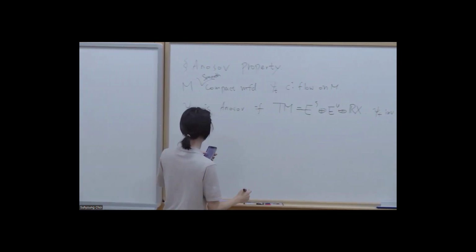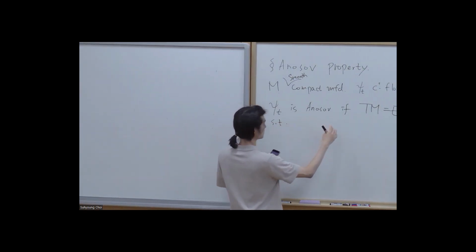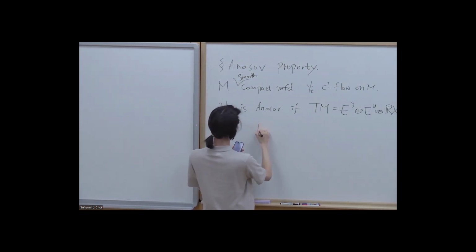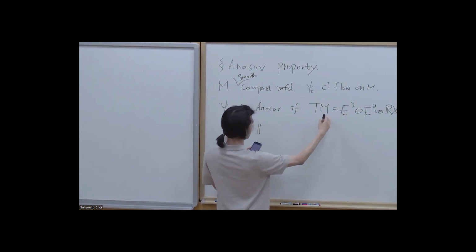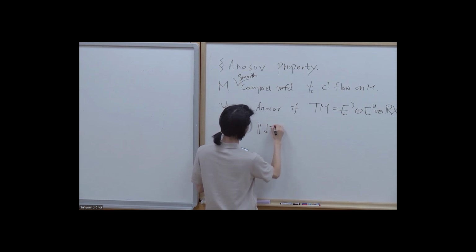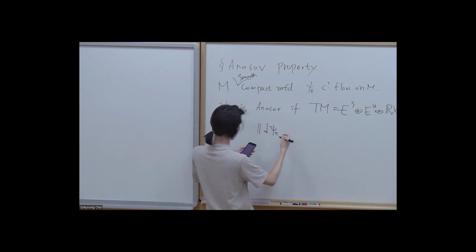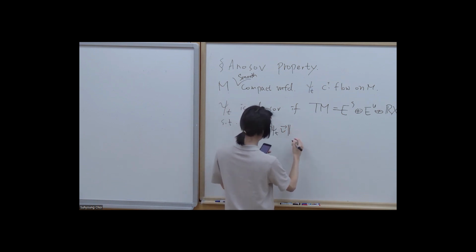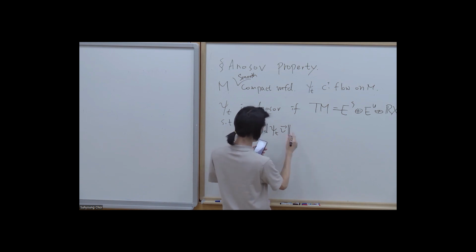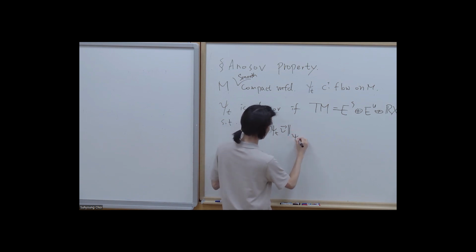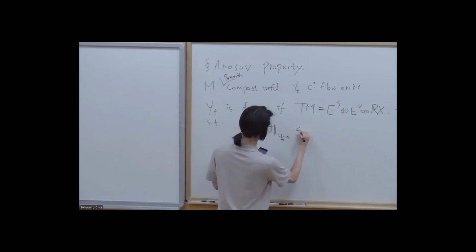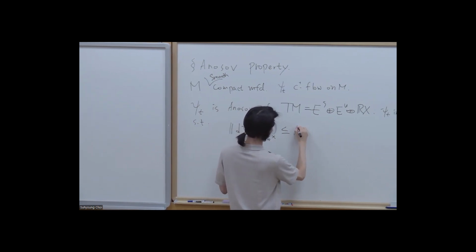such that this splitting satisfies the following condition. In this direction, we have a contraction property. That means if we apply the tangent map and measure its norm, it decreases as we flow forward.